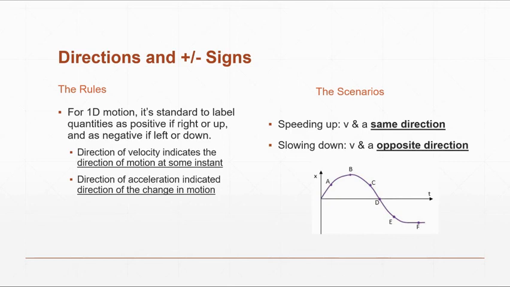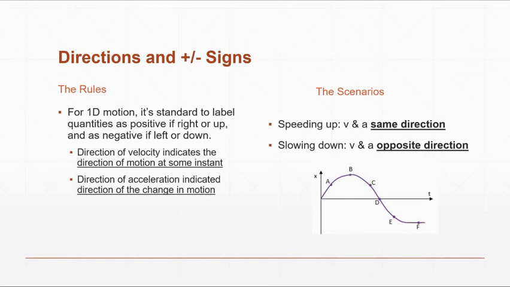So the rules for 1D motion: it is standard to label quantities as positive if right or up and as negative if left or down. The direction of velocity indicates the direction of motion at some instant. The direction of acceleration indicates the direction of the change in motion.